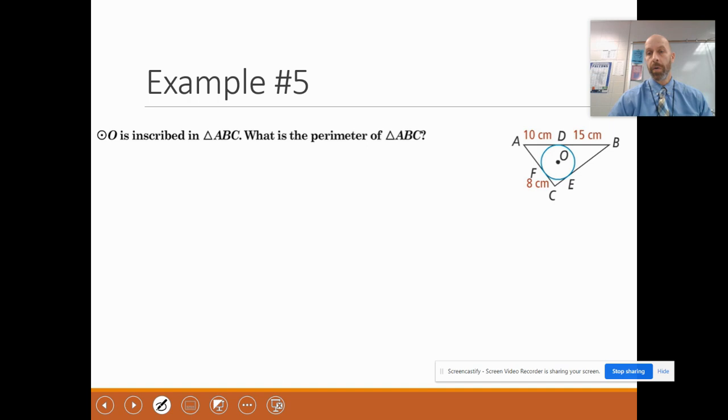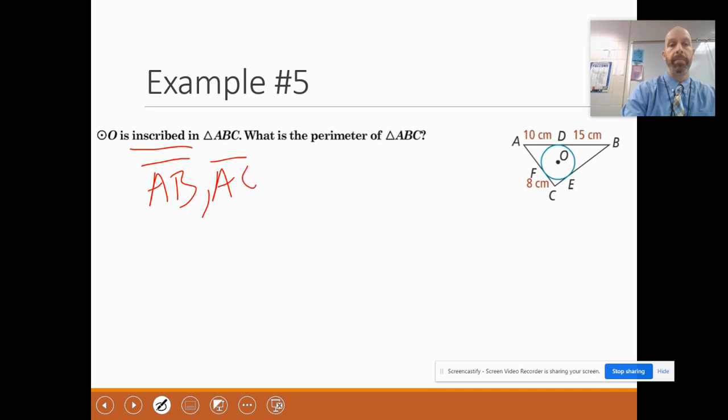So we have a circle here, and it's what we call an inscribed circle. So you can see it's kind of like inside the triangle, and it intersects at exactly one point at each of those. So that means that segment AB, segment AC, and segment BC are all tangents.